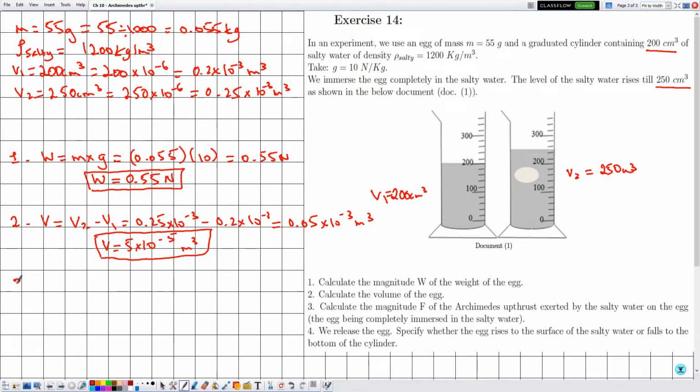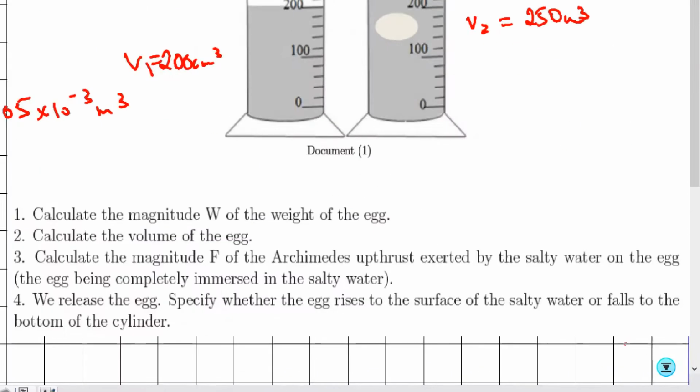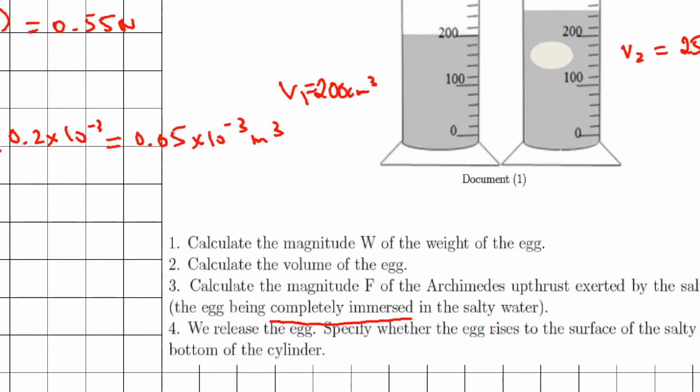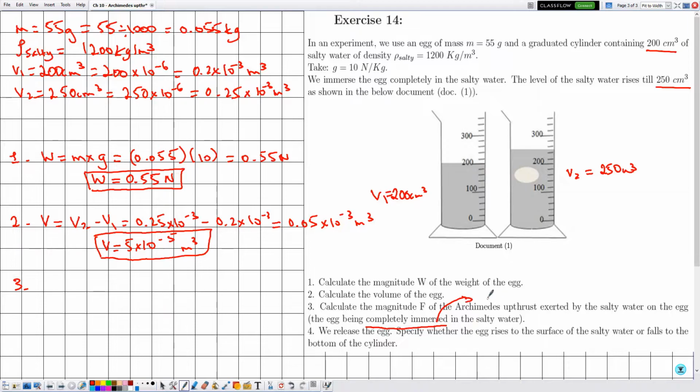Now in number 3, calculate the magnitude F of the Archimedes upthrust exerted by the salty water on the egg being completely immersed in the salty water. So this gives us a hint that we must use that the immersed volume is equal to the total volume of the egg, which is 5 times 10 to the power minus 5.